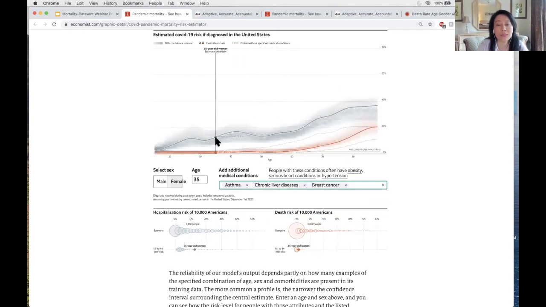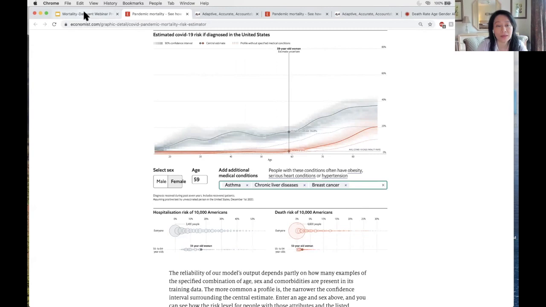You can see some of these bumps, which are the result of the nuances of the training data, but overall you can see the trend that specific combinations of underlying medical conditions add to the mortality and hospitalization risk.